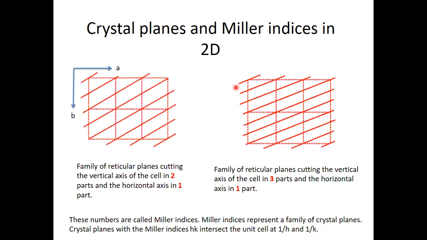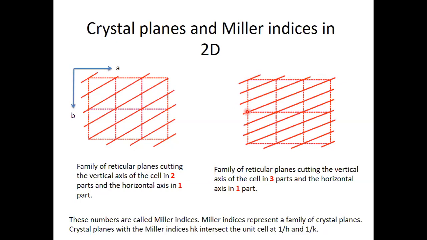Here's just another example of another family of crystal planes, with now a different interplanar distance, which is smaller than the interplanar distance that we saw here. What is the property of that family of crystal planes? If we go into a direction, then like previously, we have to go a full lattice parameter a until we meet another crystal plane of the family. But when we go into direction b, we see that we have to go 1/3 of the lattice parameter b, and then another 1/3, and then another 1/3.